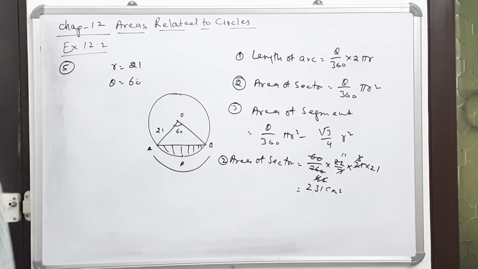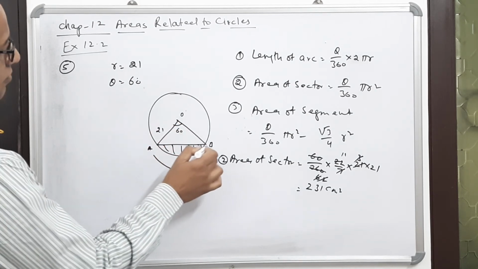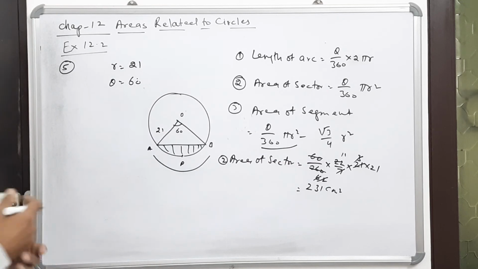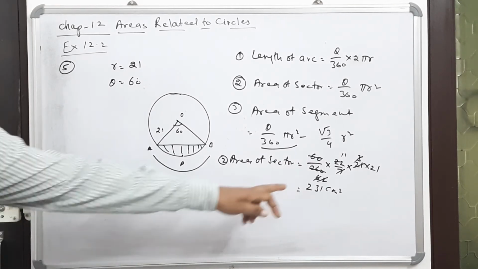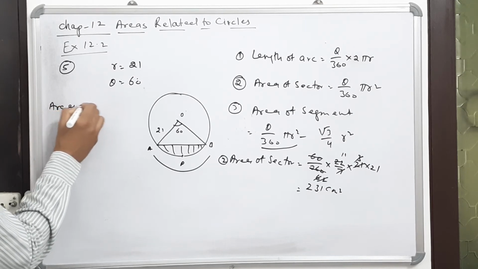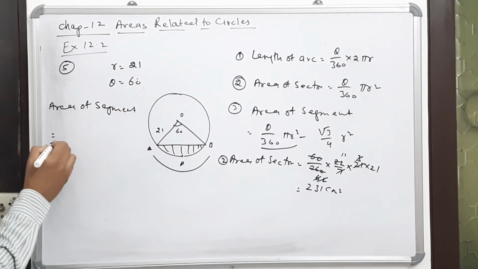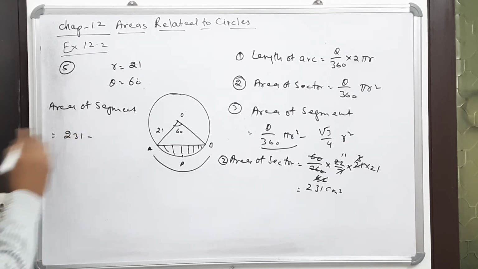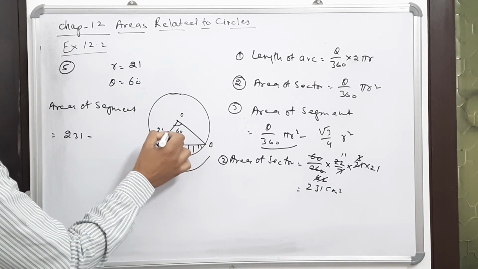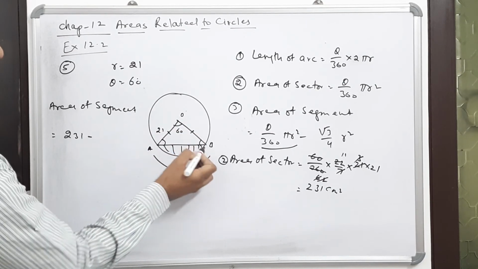Now we are taking this part. So in this, the important concept is that we find the area of this sector, that is theta upon 360 pi r square, that we have already calculated. So area of segment is 231 minus the triangle. This angle is 60 degree and these two sides are already equal. So this will also be 60-60.